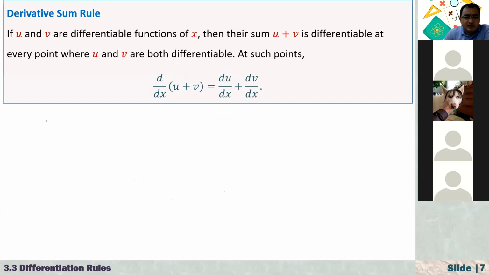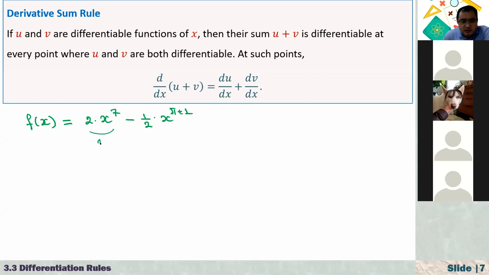For example, suppose that I'm given f of x equal to 2 times x to the power of 7 minus 1 over 2 times x to the power of pi plus 1. As you see here, it's just the sum of two functions.